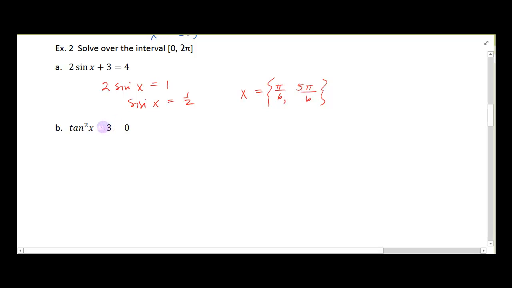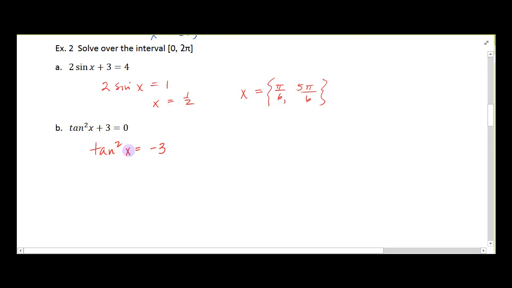And finally, we have this equation here. Let me change that. Okay, so the equation should read tan squared x plus 3, and I am trying to get tan x by itself. So I'm going to subtract 3 from the right-hand side, and I find out that tan squared x is equal to negative 3.